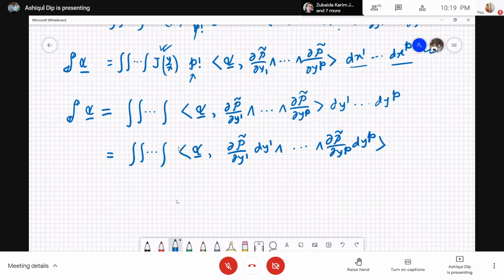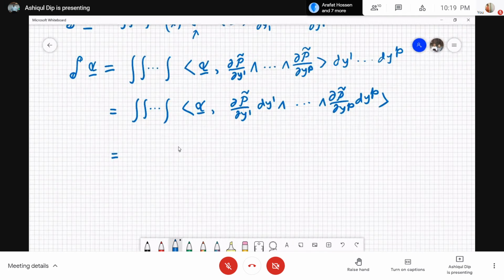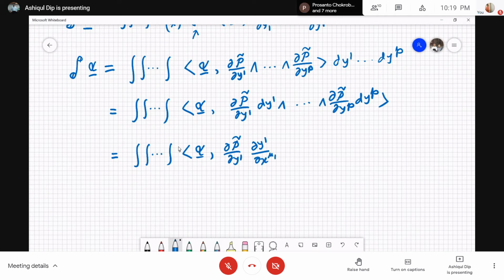If I expand dy1, which by the chain rule is going to be delta y1 by delta x mu1, dx mu1, and a similar thing repeats.